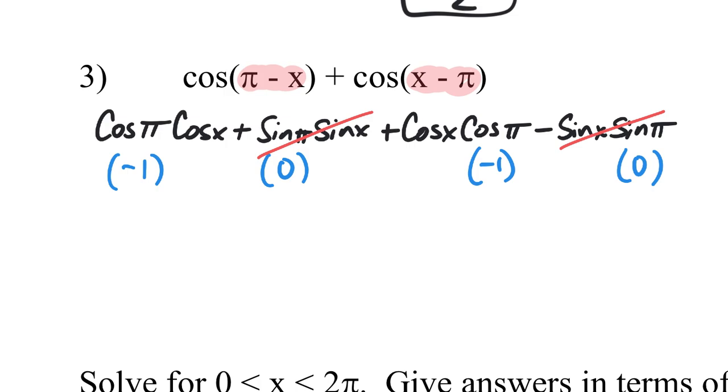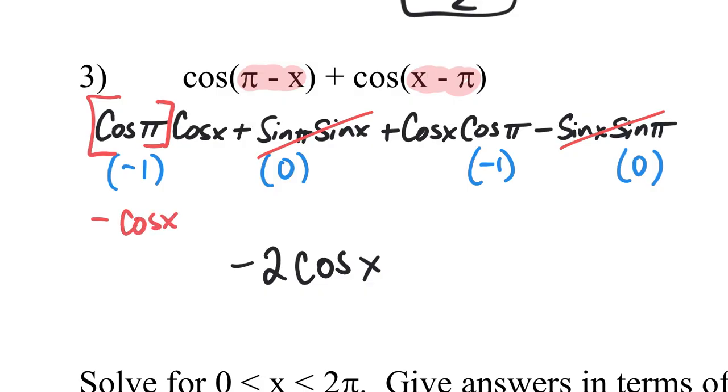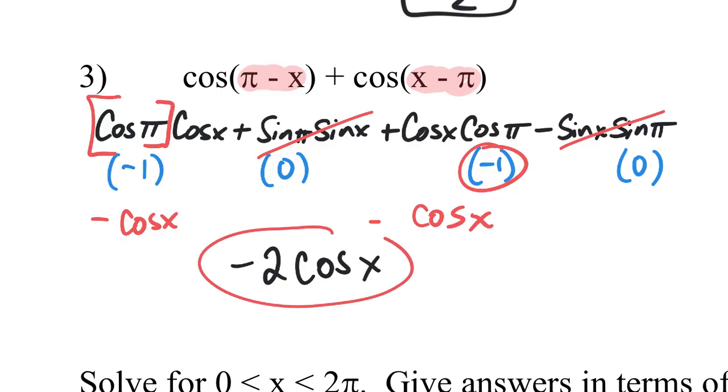And then what we have is negative 2 cosine x. Right, we've evaluated cosine pi, so it is now negative 1. We get negative cosine x minus cosine x. Right, that minus is coming from the negative 1. So our simplified form here would be negative 2 cosine x.